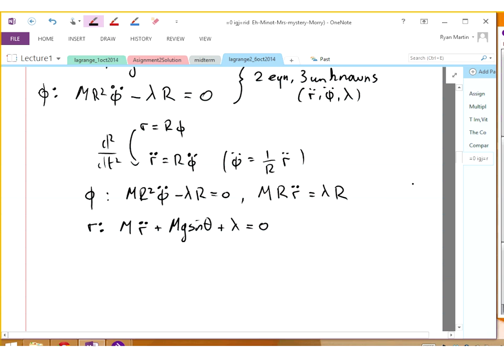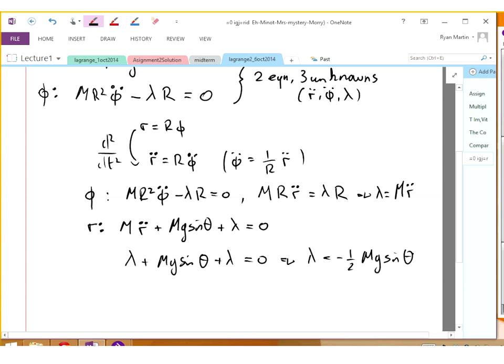So from here I have lambda equals m r double dot, right? And so I have lambda plus mg sine theta plus lambda equals 0, or lambda equals minus a half mg sine theta.